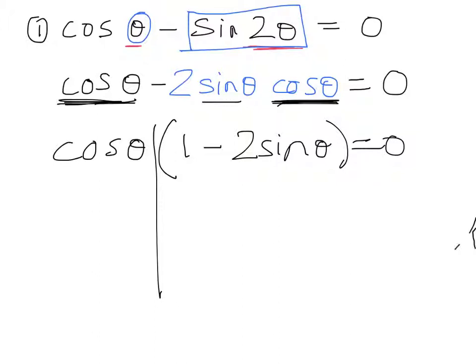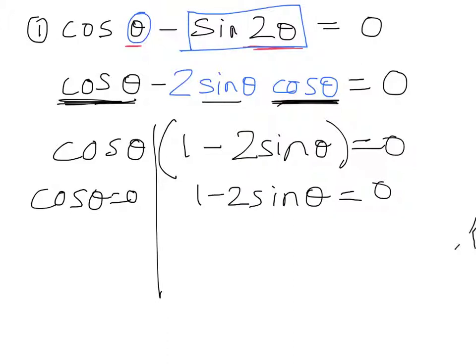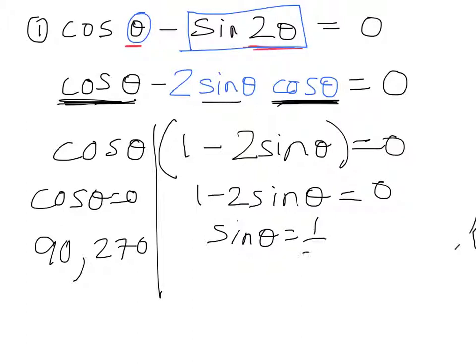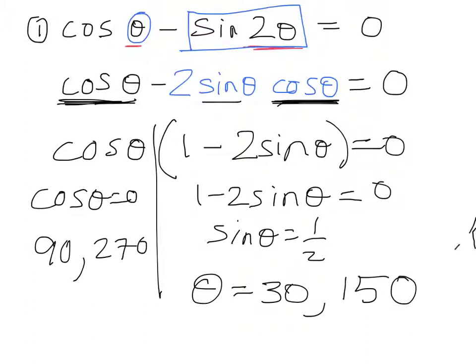So we have now cosine theta equals 0 and 1 minus 2 sine theta equals 0, and you can solve each of those individually. The first one is going to give you 90 and 270. The second one is going to give you sine of theta equals 1/2, and therefore theta equals 30 and 150.